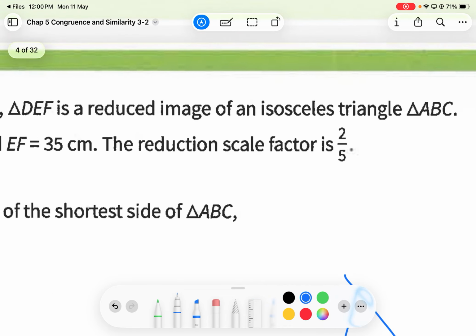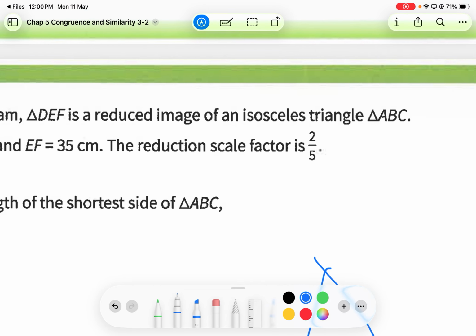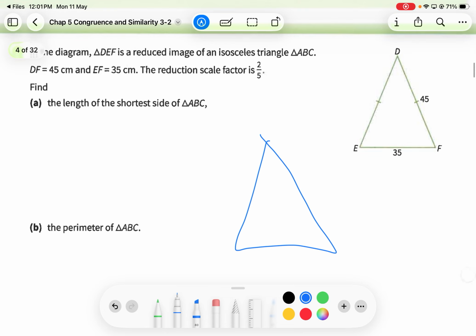Similarly, the corresponding points: A corresponds to D, B corresponds to E, C corresponds to F. Okay? So when I draw, my original will be like that. Same shape, so also isosceles.